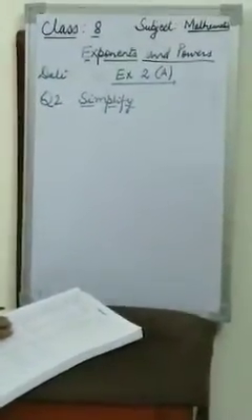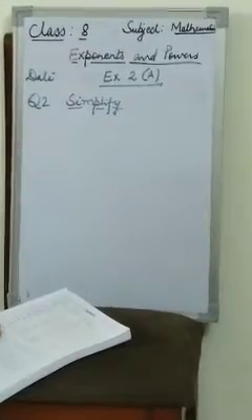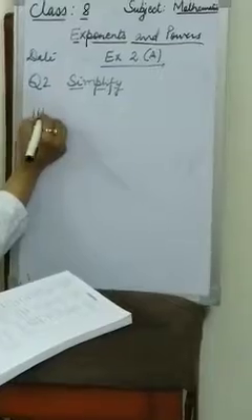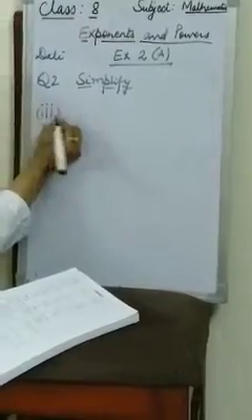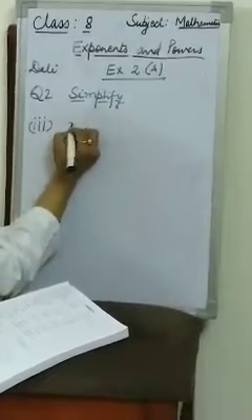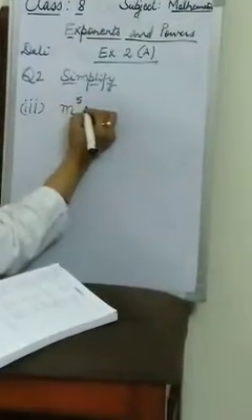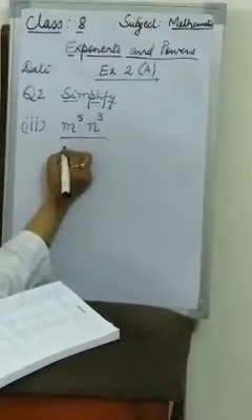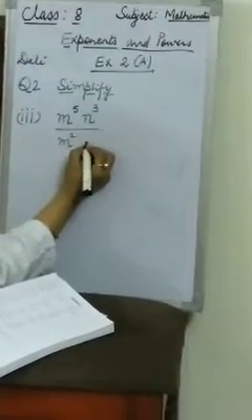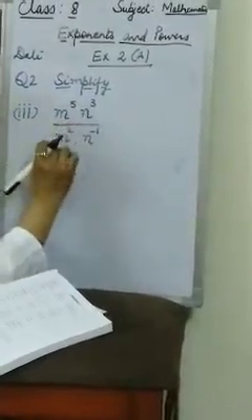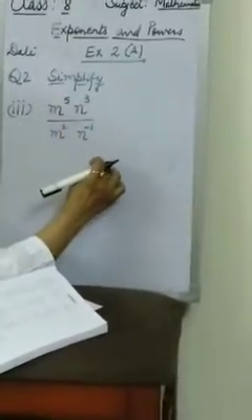Question number 2, I take again the third bit. That is m to the power 5, n to the power 3 upon m to the power 2, n to the power minus 1. M has power 5 and 2, n has power 3 and minus 1.